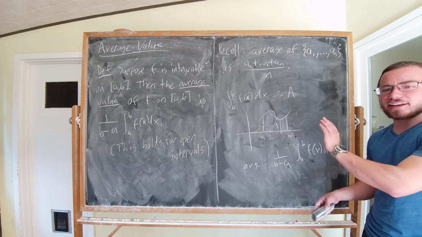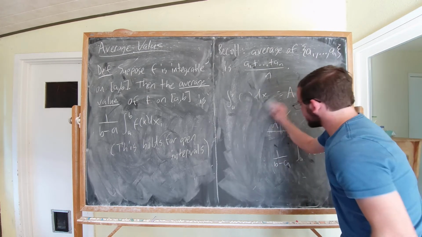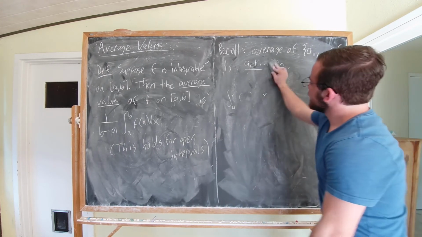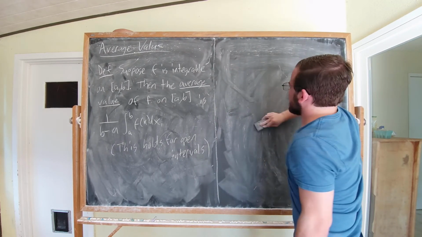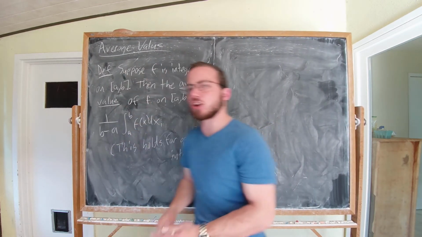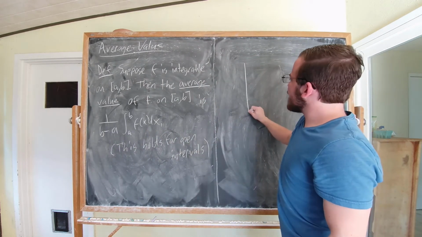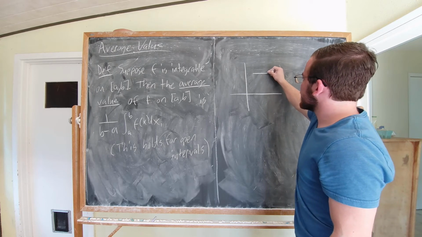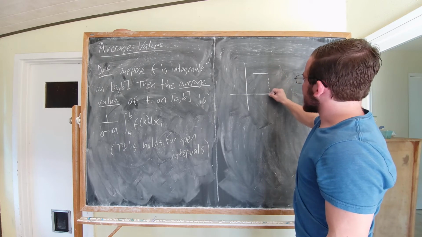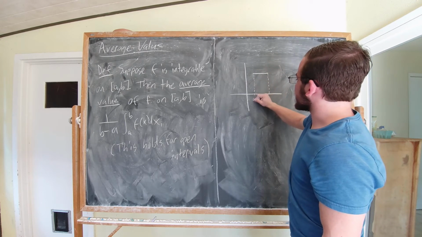What's another way, in case you don't like this one? Another kind of geometric way to think about what's going on here. What if f was a flat line? So we have a flat line between a and b.